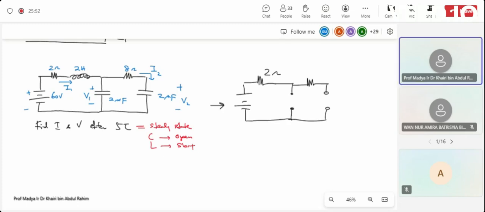So what do you think I1 and I2 would be? I1, I2. Anyone?